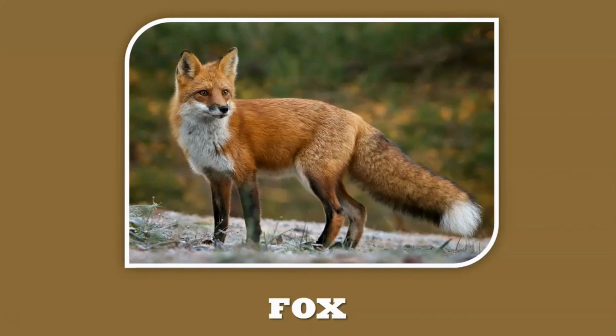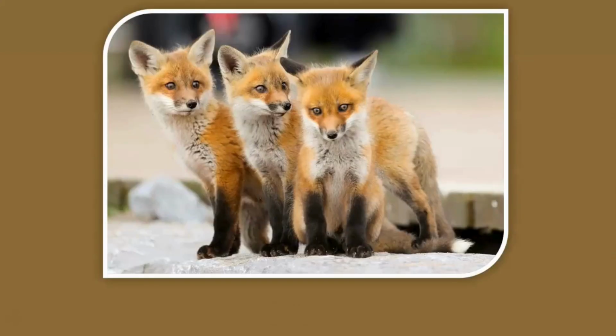So fox is a noun which ends with an X. Now we are going to add ES to get the plural, which becomes foxes. Foxes is the plural for fox.